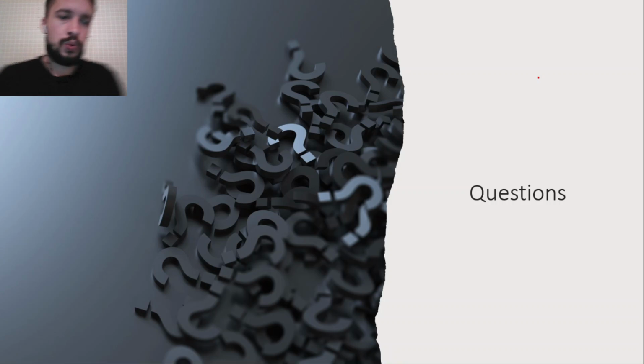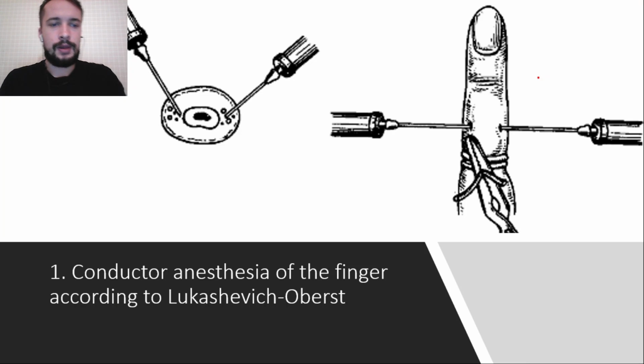That's all what I want to say to you today. Now we will test your knowledge with small tests. What you need to write in comments. First one, conduction anesthesia of the finger according to Lukashevich-Oberst.